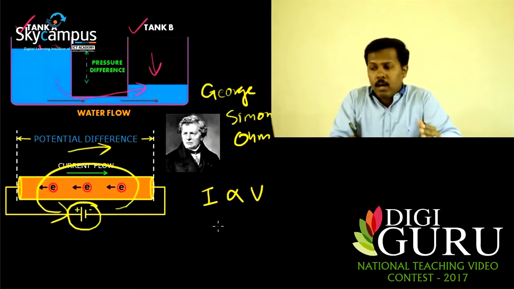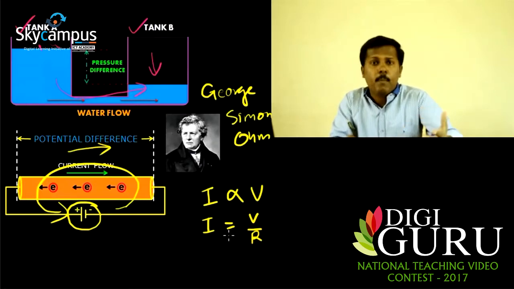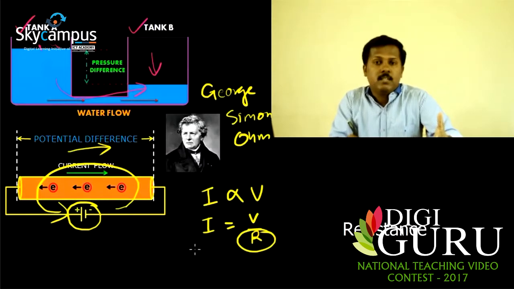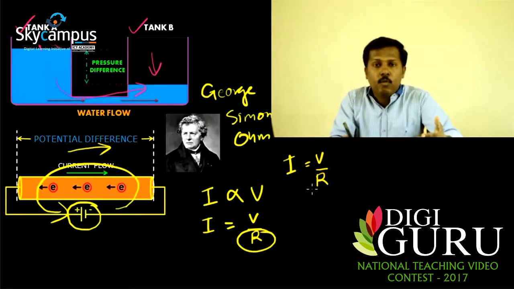So we can remove this proportionality constant by writing I is equal to V by R. That is, there is something which is inversely proportional to the current flow through the conductor. That is nothing but resistance. So we can write the equation I, current, is equal to V by R, where V is the voltage or potential difference across the conductor, R is the resistance across the conductor. So this is the famous relation we can get from the Ohm's law.